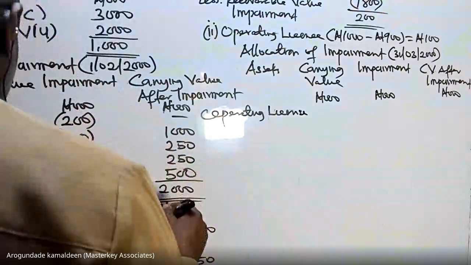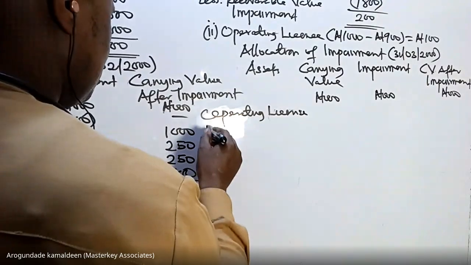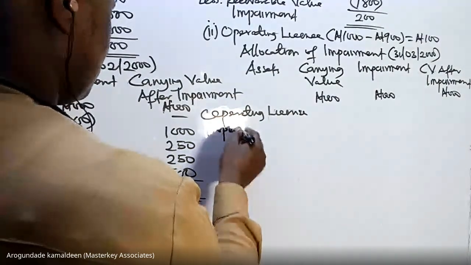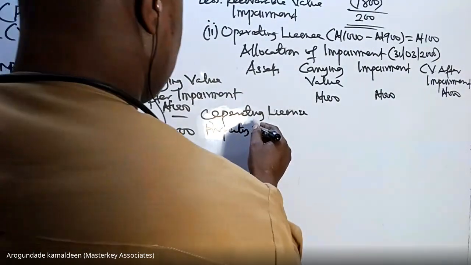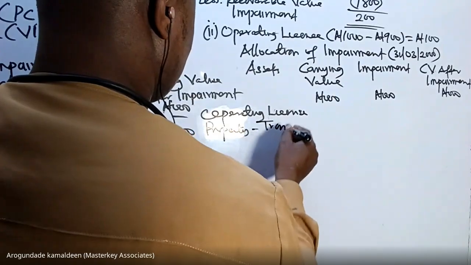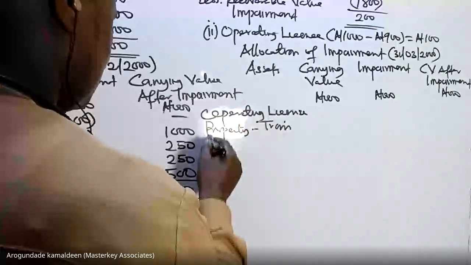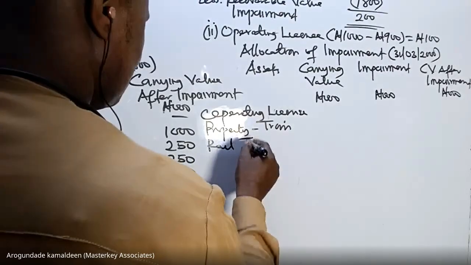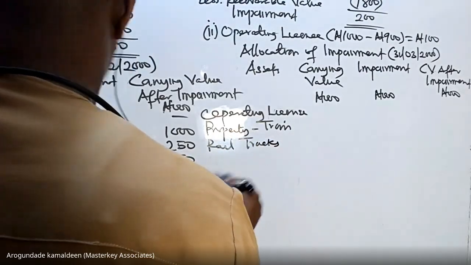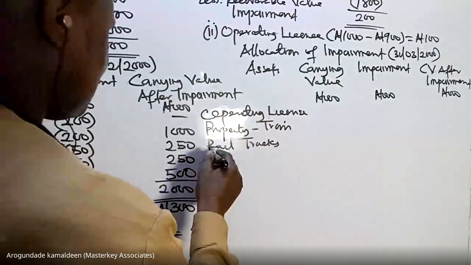Next we have the property: the train, the rail tracks, and the steam engine.